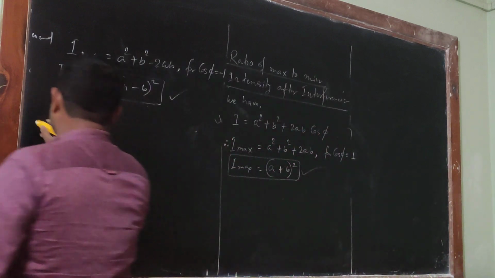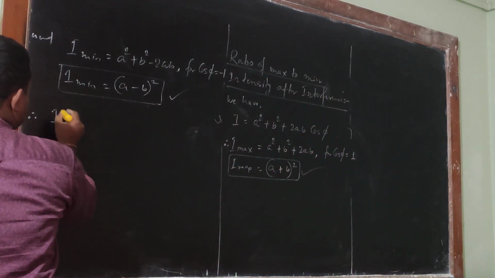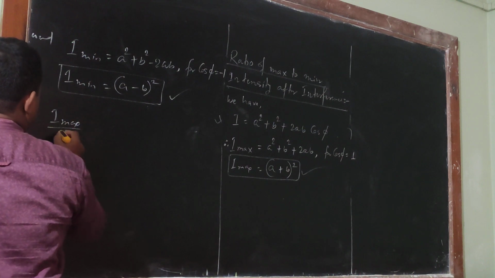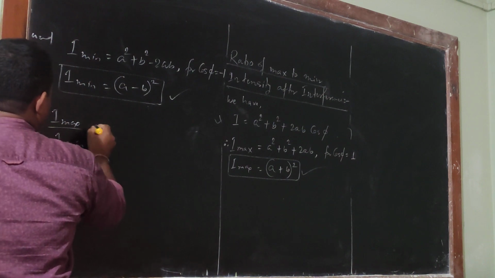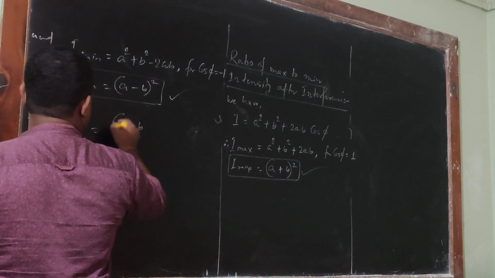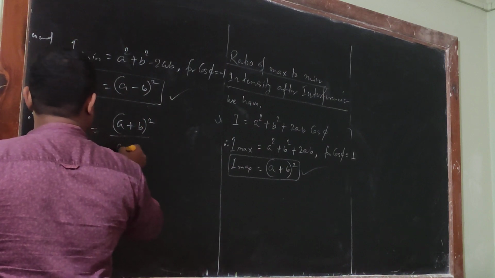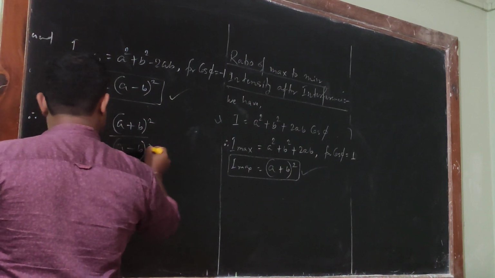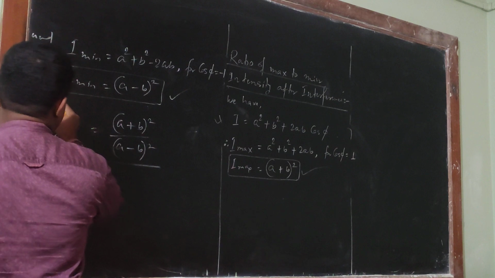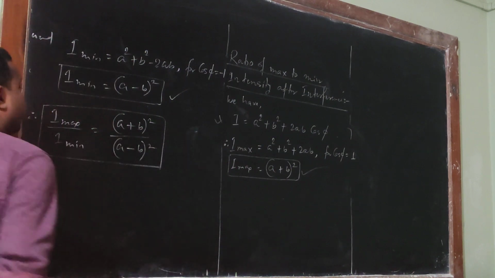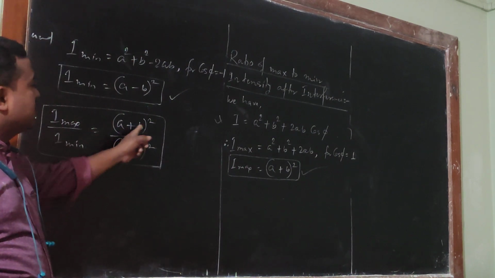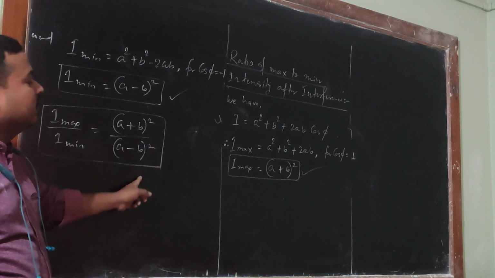Therefore I max by I minimum will be (a plus b) whole square divided by (a minus b) whole square.